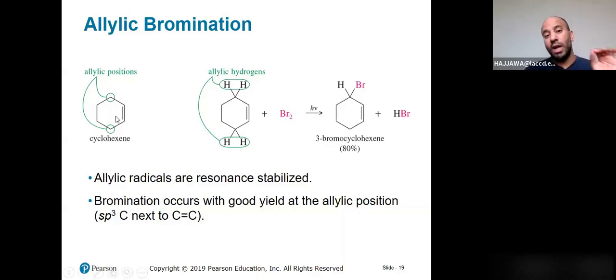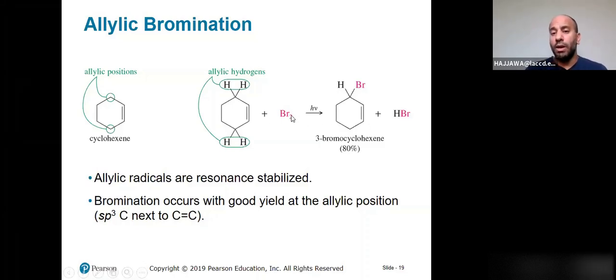The fact that there is an allylic carbon, and what's an allylic carbon? A carbon attached to a vinyl group. This sp3 carbon is considered an allylic carbon. And if I have this substrate reacting with bromine in the presence of light, that would be expected to go through a radical mechanism.